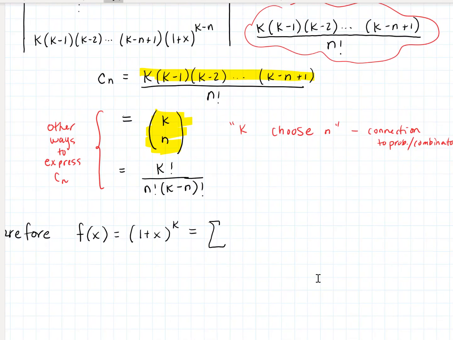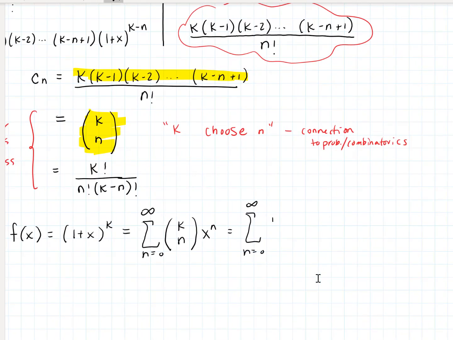I will, on my first line, write it this way as k choose n, x to the n, but I will also write it in its expanded form, a little more useful to work with. So that is equal to those coefficients that we found, k times k minus 1 times k minus 2 out to the factor k minus n plus 1 divided by n factorial times x to the n.